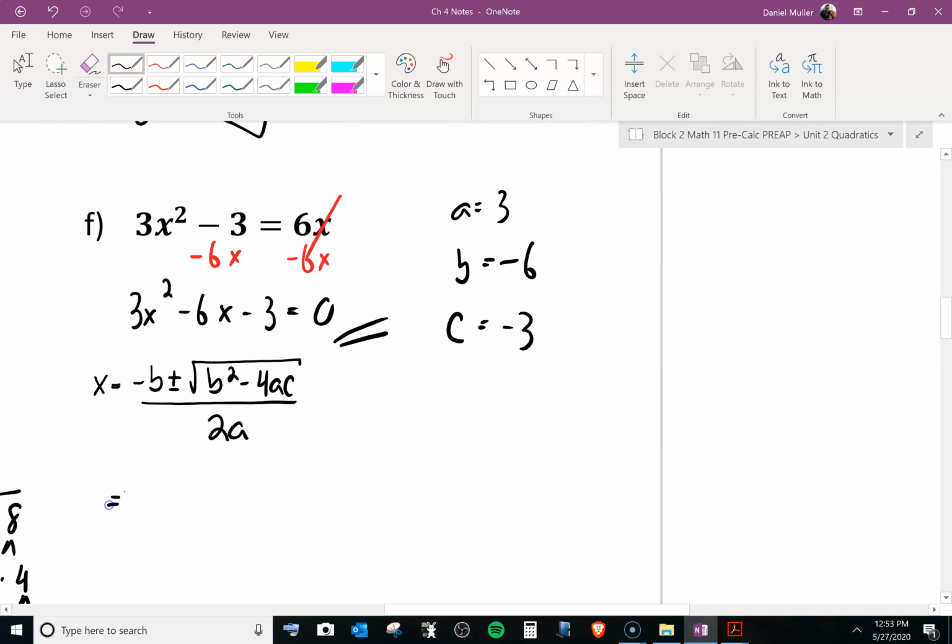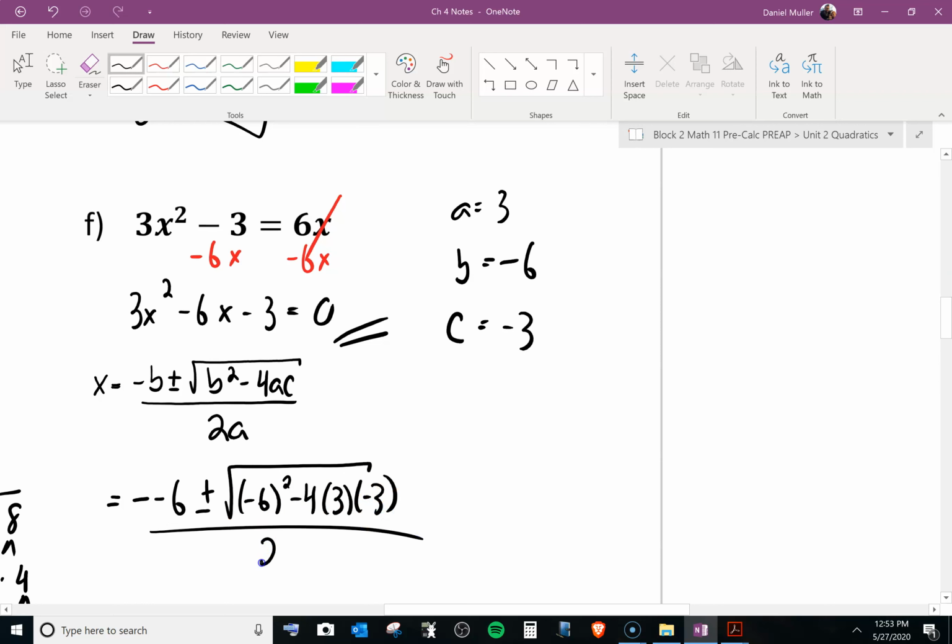So x equals my negative symbol, and then what is b? B is negative 6. So negative 6 plus or minus negative 6 squared, b squared, minus 4 times a, which is 3, times c, which is negative 3, all over 2 times a, which is 3.